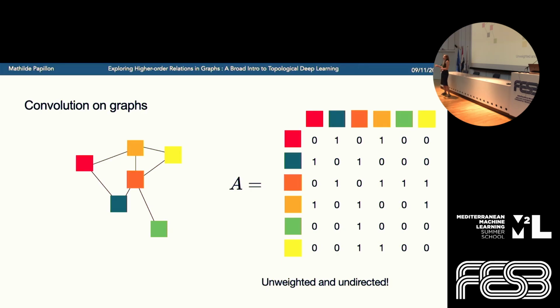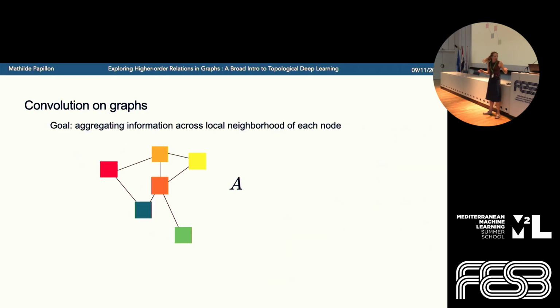One is not more important or has a different feature than the other. And the graph has no directionality to the edges. So, for example, our red node isn't exclusively sending information to our orange node like you might have in a traffic network, for instance. Okay, so now that we have this important tool defined, let's go back to figuring out what our operator is in our convolution on graphs.